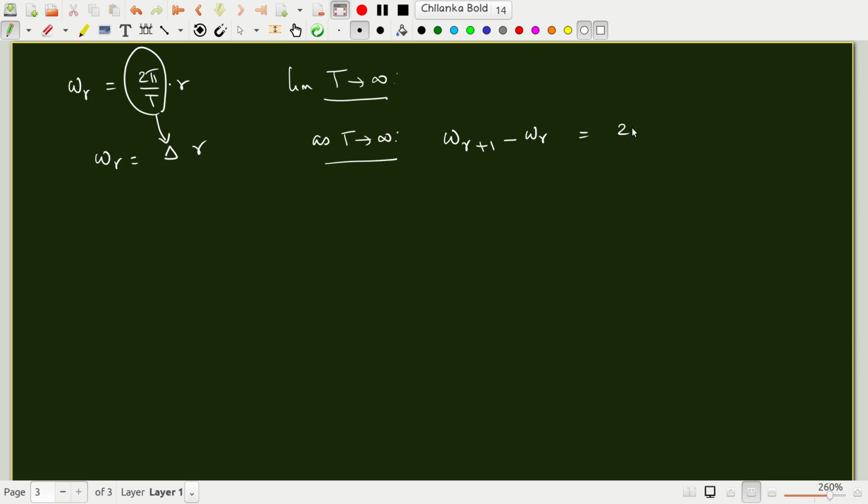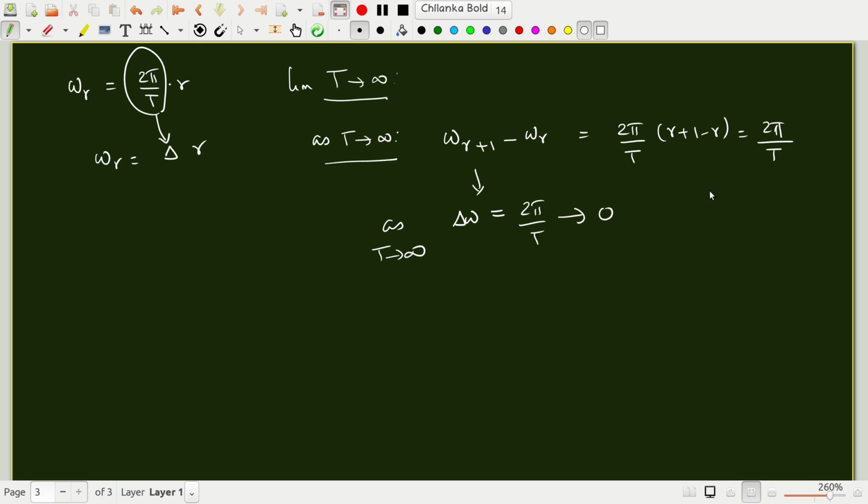That will be simply 2 pi by T times r plus 1 minus r, which is simply 2 pi by T. So delta omega, the change in omega, is equal to 2 pi by T. As T goes to infinity, delta omega tends to 0.